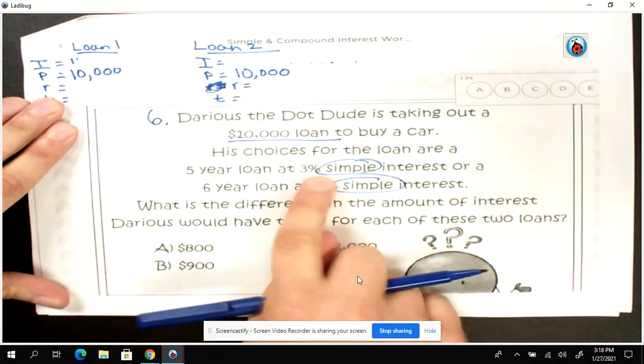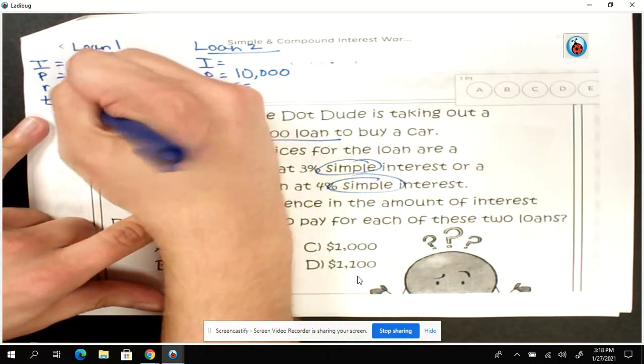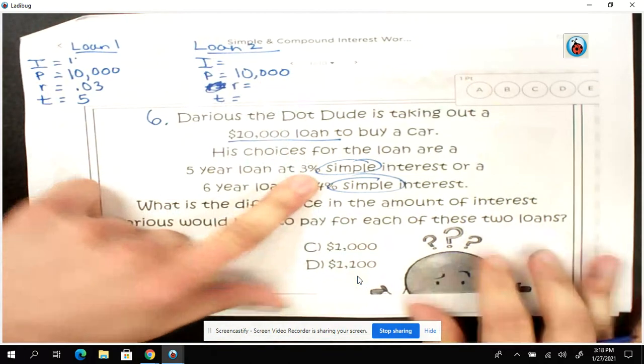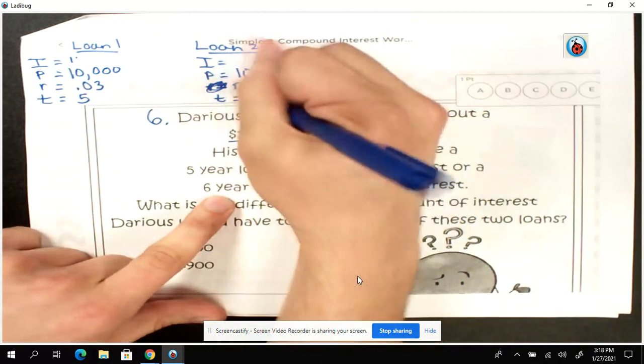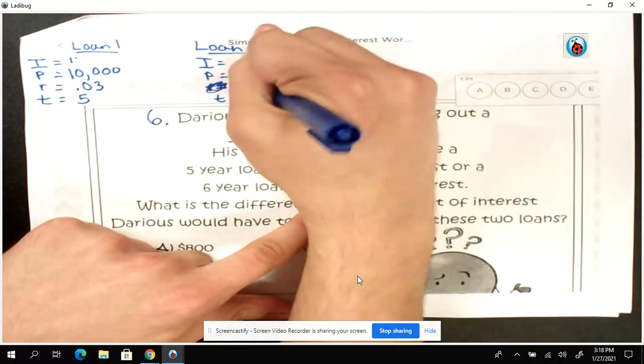His choices are a 5-year loan, so let's write in 5 years for loan 1 at 3%, which is 0.03 simple interest, or a 6-year loan. So we'll write 6 over here at 4%, so 0.04.